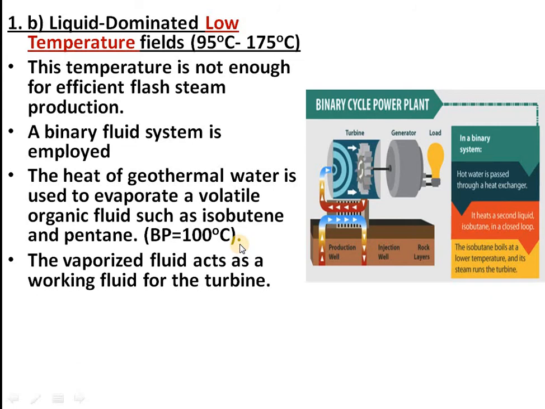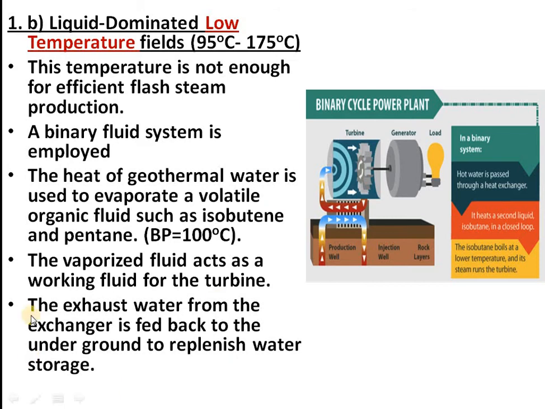Okay, here the difference is only in the binary cycle. In the previous case, we didn't use any binary cycle. We had water, converted it into steam by the flash steaming process, and used it to rotate the turbine. So here the working fluid is other than water.